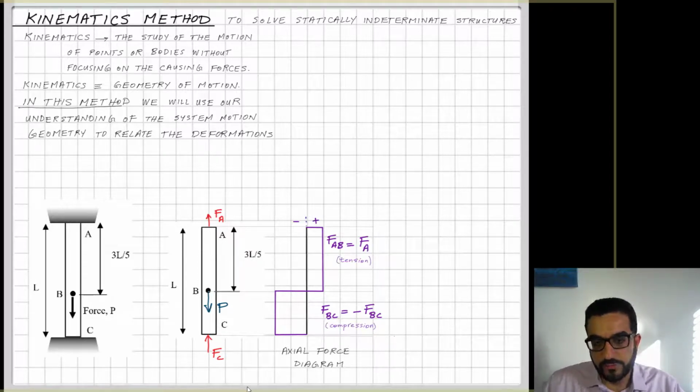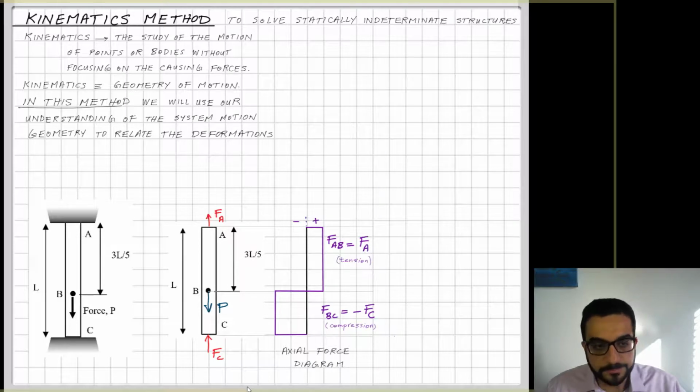So it's compressing the lower part of the column, and that compression internal force FBC is equal to Fc. All right, so now I have a diagram as a function of the two unknowns I have, Fa and Fc.